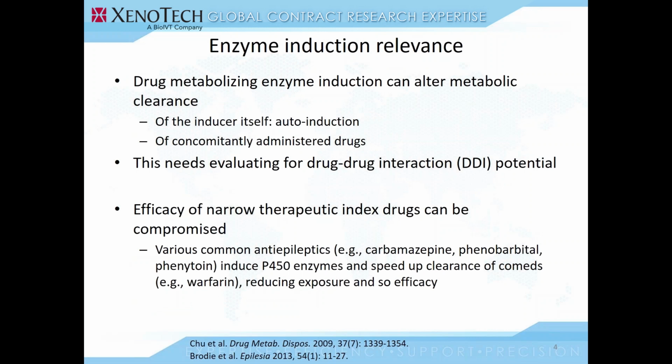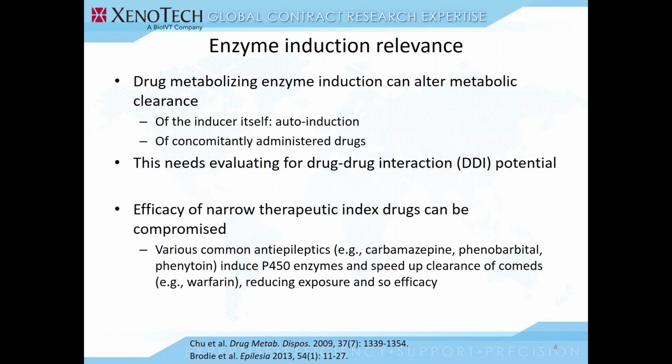If the drug of interest is inducing the enzyme that is responsible for its own metabolism, then usually that means that that's going to change the clearance of itself, and that's called autoinduction, which is a very interesting topic in and of itself, but it's more common that it's going to induce a metabolizing enzyme that's responsible for other things.